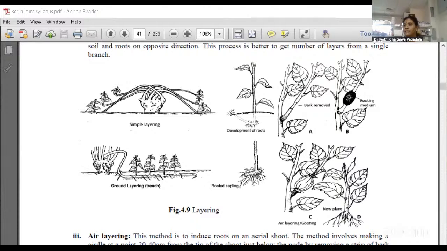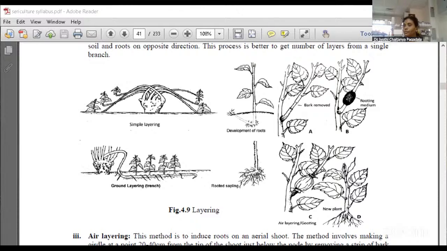In tomorrow's class, we will discuss the chemical composition of the mulberry leaves and the nutrients of the mulberry leaves used for the different instars, and mulberry breeding, and also ex-situ conservation.